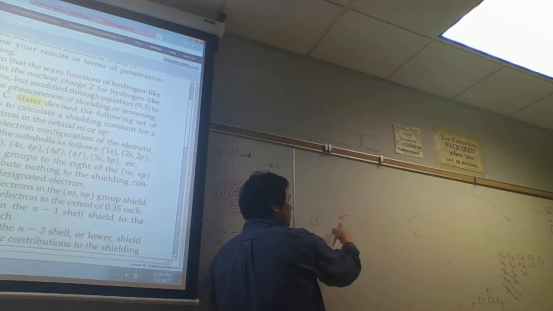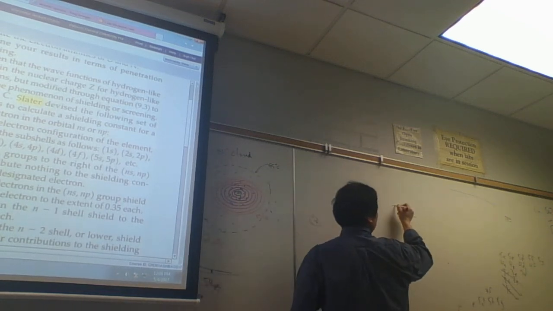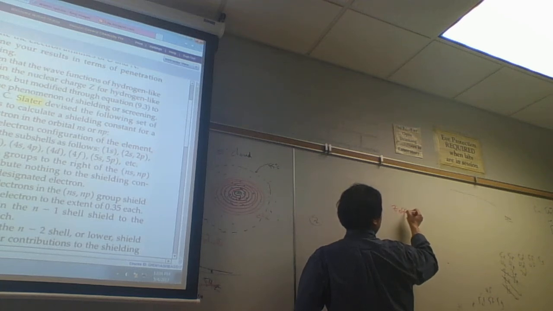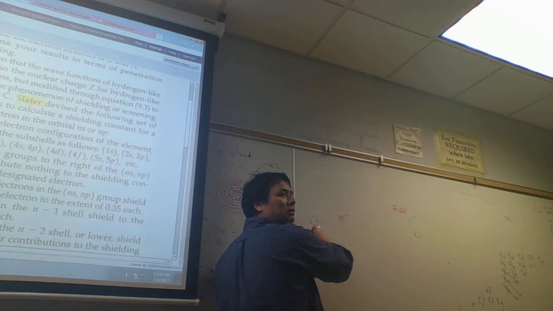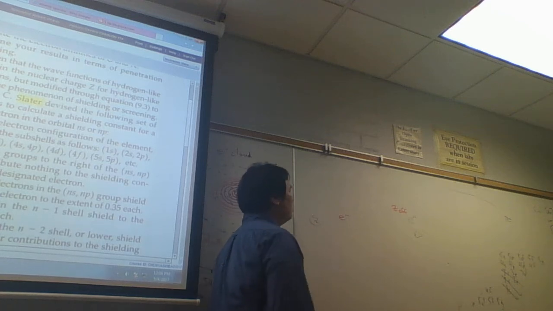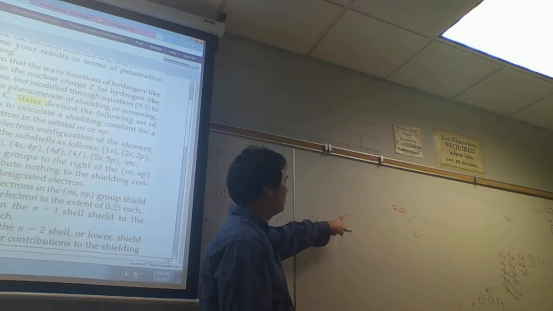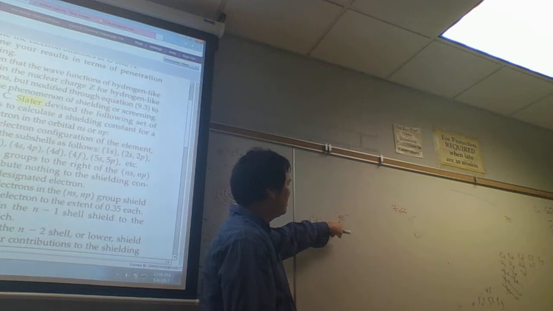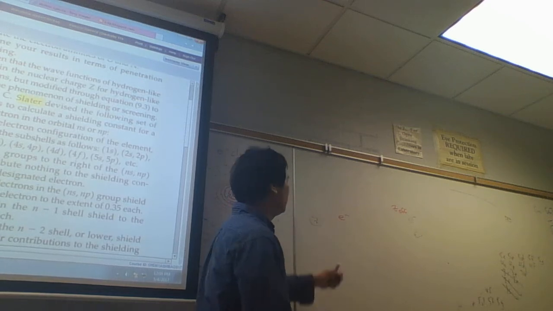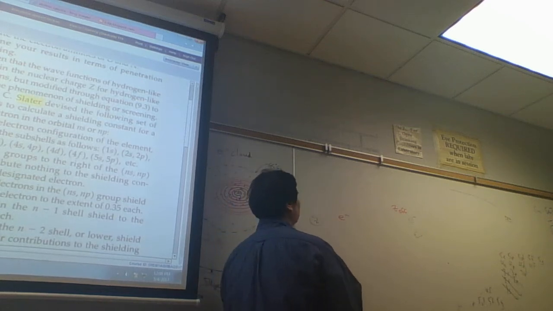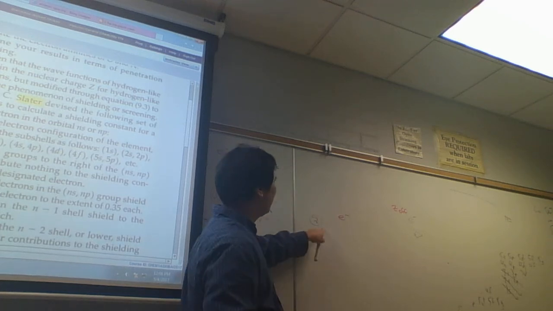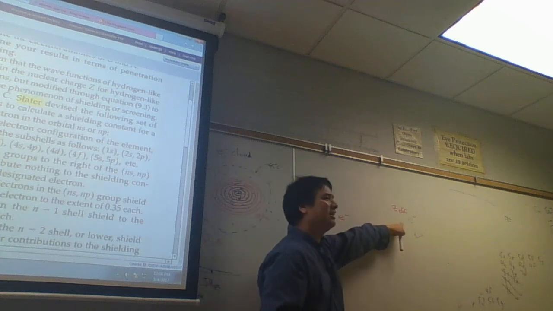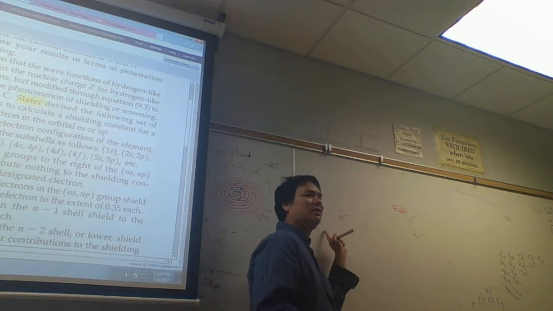No. If there's an electron here, what you see is something called Z effective. Z effective is going to be less than the full charge, right? And so it depends on where this electron is. If the electron's here, then this electron's going to block it out. So let's say Z is plus 10. If you have a Z of plus 10, and there's an electron here blocking your view of this, what do you think your Z effective is going to be?